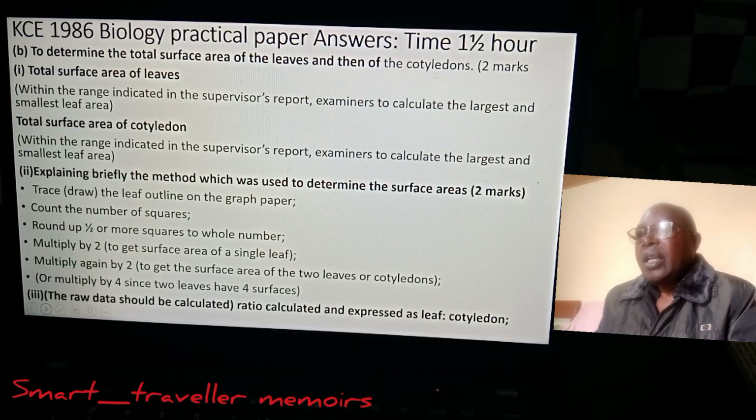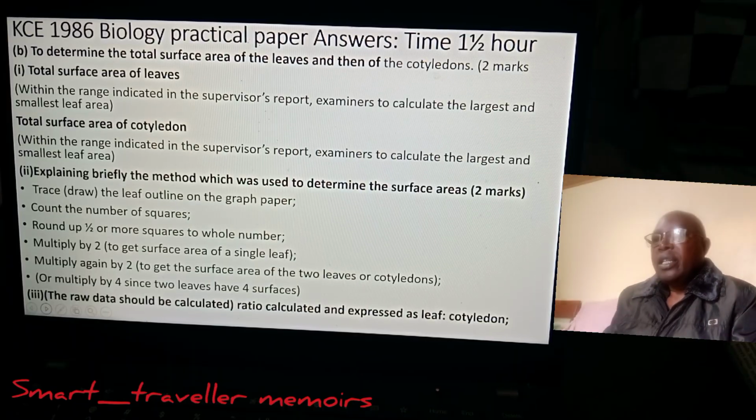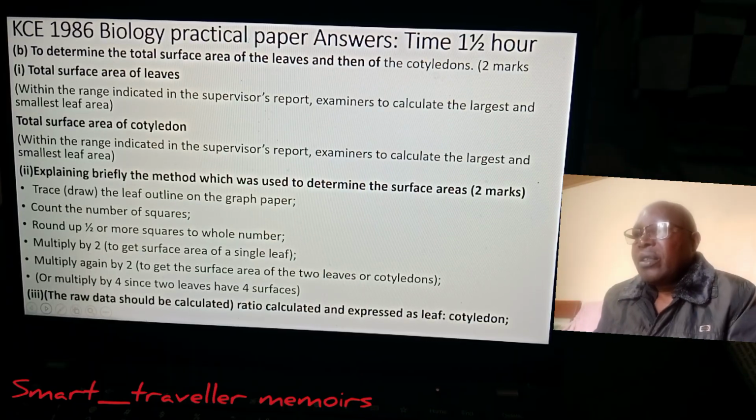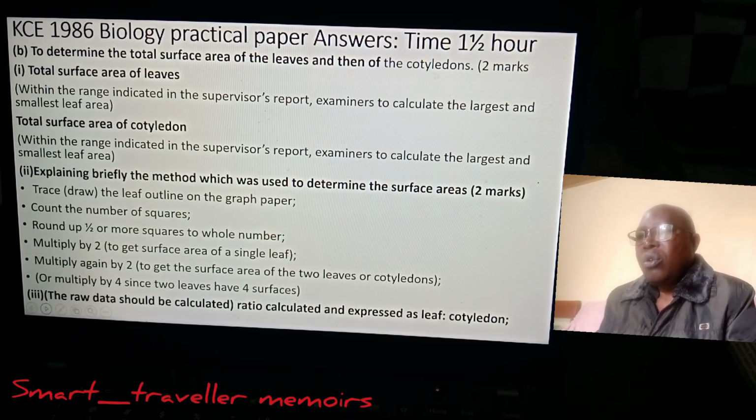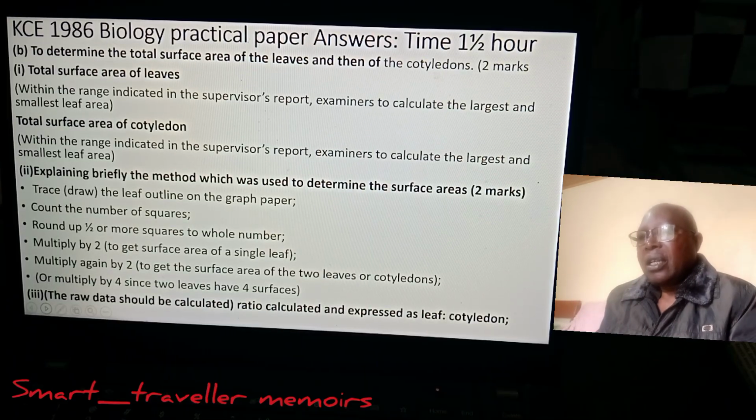Roman 2, examining briefly the method which was used to determine the surface area, 2 marks. The first one is trace or draw the leaf outline on the graph paper, tick. Count the number of squares, tick. Round up half or more squares to whole number. Multiply by 2 to get surface area of a single leaf.